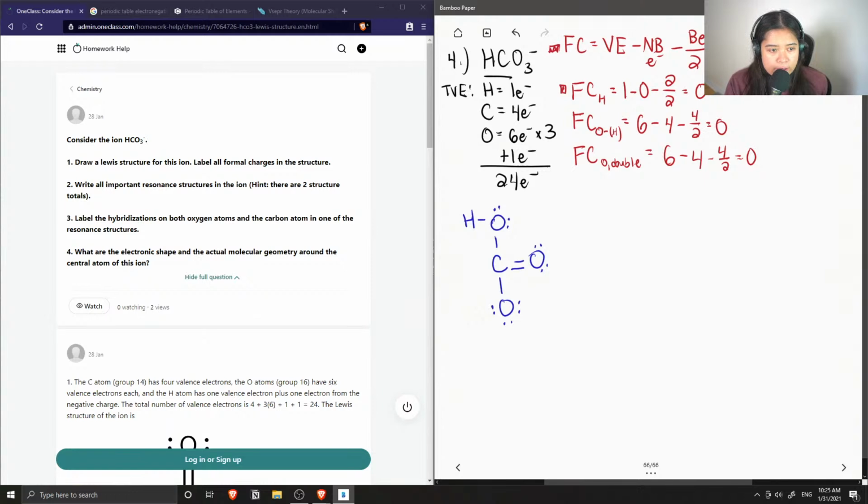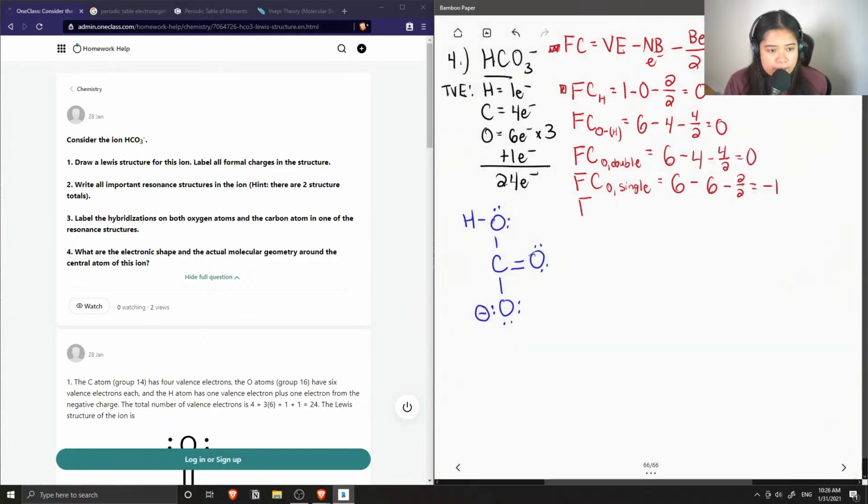It's also 0. And for the single bonded oxygen, there are 6 valence electrons and 6 non-bonding electrons, and only the single bond. So its formal charge is -1. So I can show that on my structure like so.